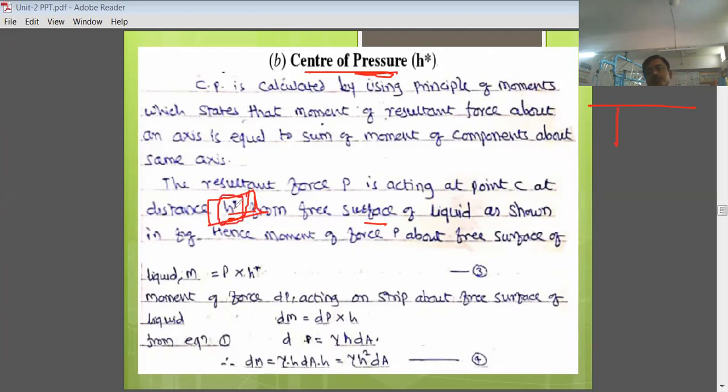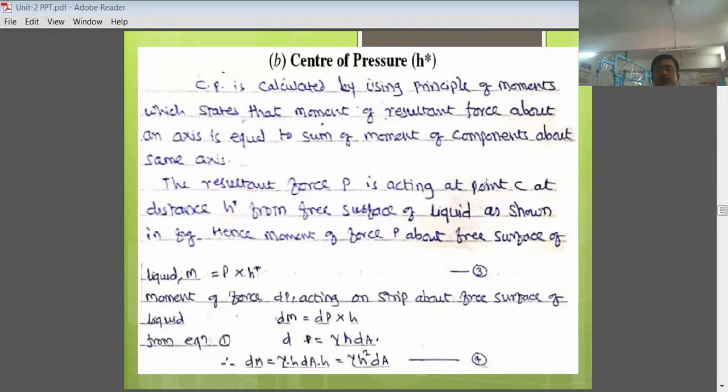We are finding the location or the position of this total pressure, where it is acting from the free liquid surface. Here the reference line is the free liquid surface. At what depth from this free liquid surface the total pressure force acts, that is denoted by letter h star. So here we are deriving the equation for this h star, right?